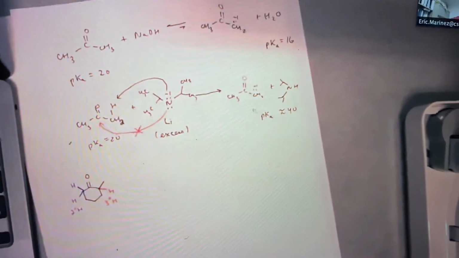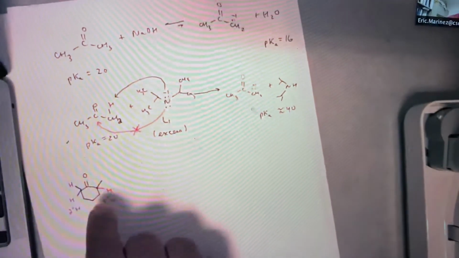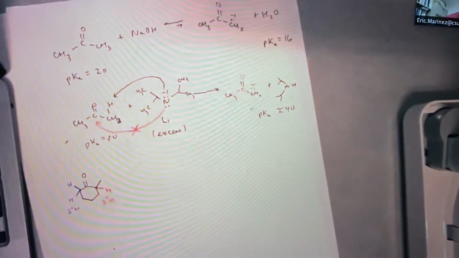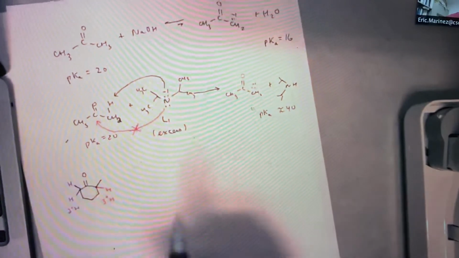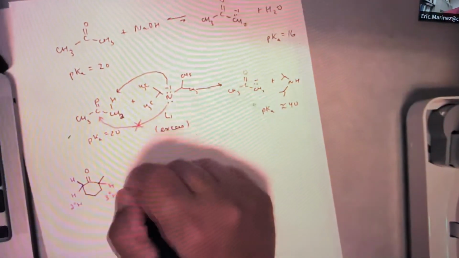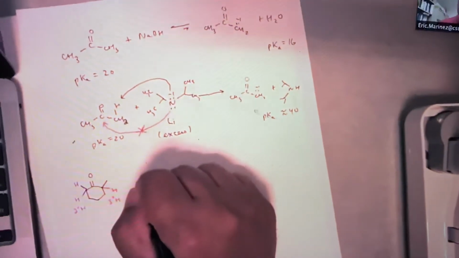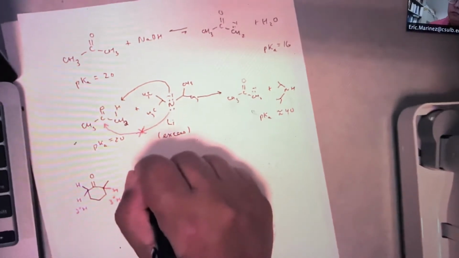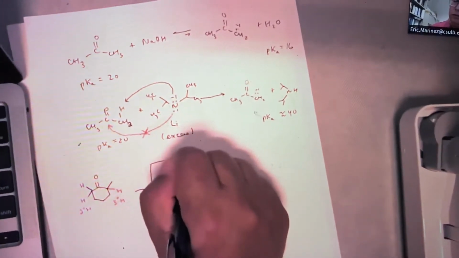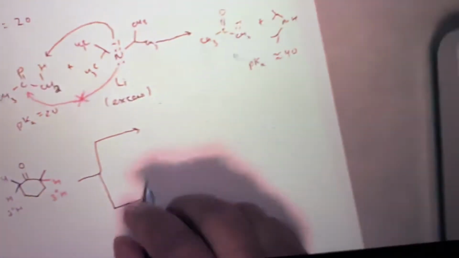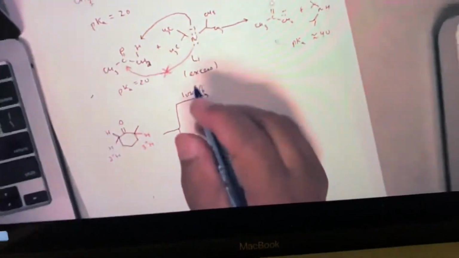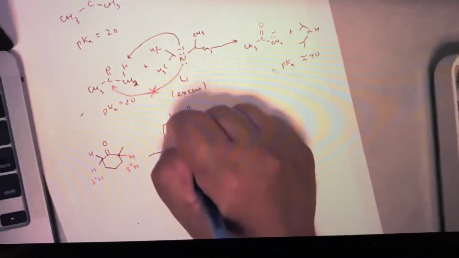Okay. Now, because I have two different types of hydrogens here, I can basically remove those protons differently. And so here, we're going to look at loss of the secondary hydrogen.